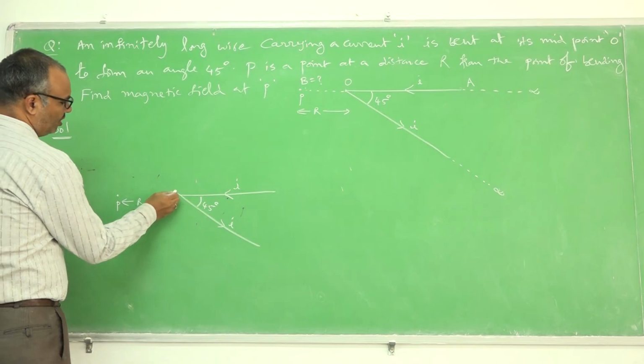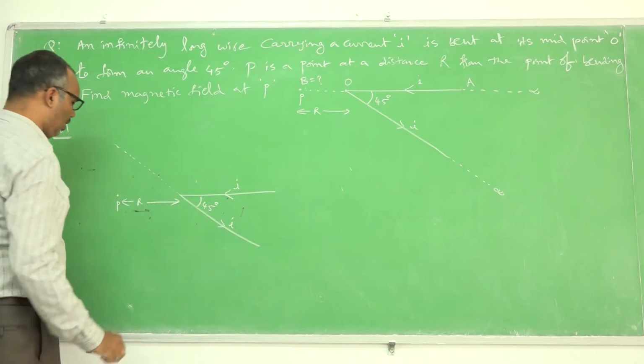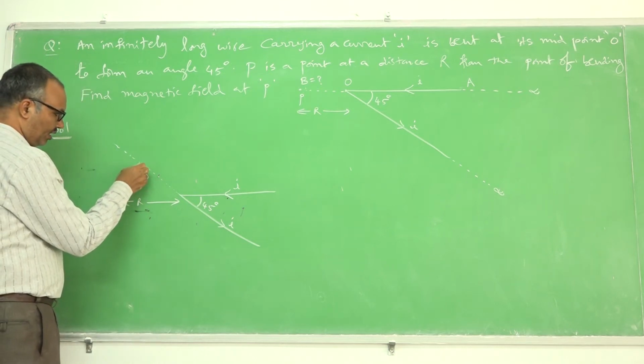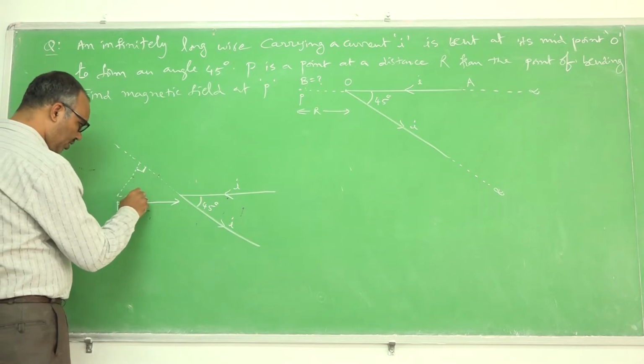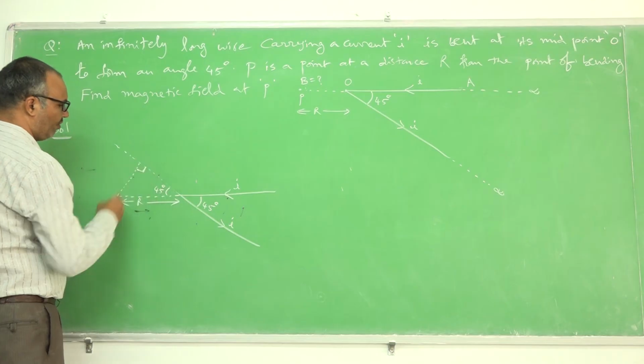If you extend this line, it may go like this. If you draw a perpendicular, the perpendicular is like this. If you join this point, as this angle is 45, this angle is also 45.